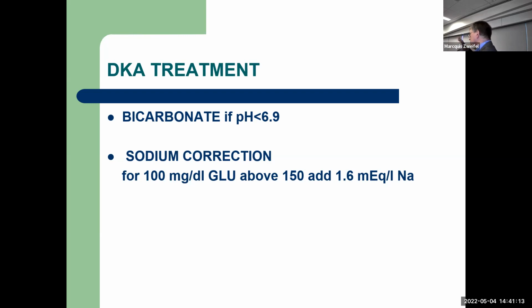Okay, just using round numbers for you. If that sodium is 130, that doesn't fit. If that sodium's 115, that doesn't fit. Then you have to look for other things. But always correct it so you can see if it's all from the sugar or if something else is going on. Okay, so do the corrections, please.